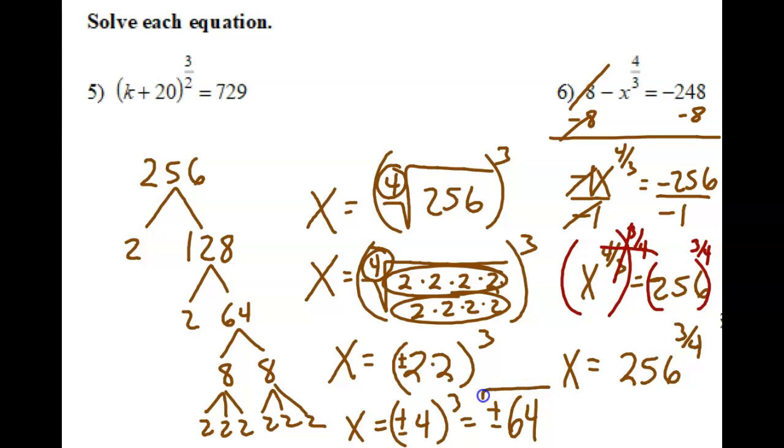So we end up with 2 answers on this one, plus and minus 64. So for these types of problems, anytime you have an even root, just know that your x that you're solving for is going to have 2 outcomes, a positive and a negative. Okay? Let's go ahead and move on to our next problem.